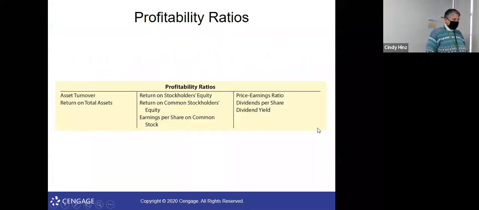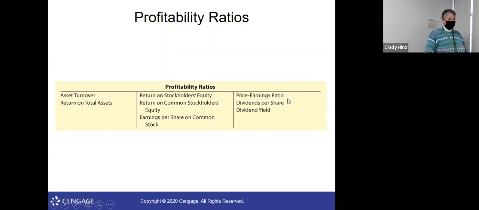So you can see on this list, some of the profitability ratios. We'll be looking at 3 of them that I just mentioned, the middle 3 here. No, sorry, 2 of the middle 3 plus return on total assets in exercise 8. And then in exercise 9, we'll be pulling together the rest of these with some we've already done. And to wrap up our day in exercise 10, we'll be looking at some stock-related calculations that you see here in the far right column.